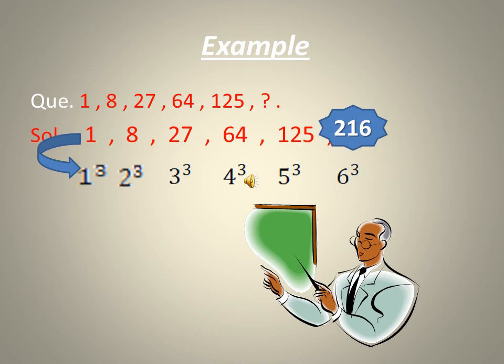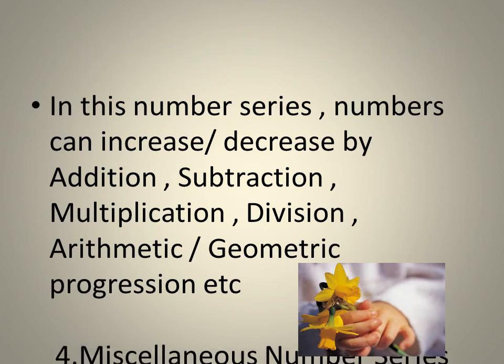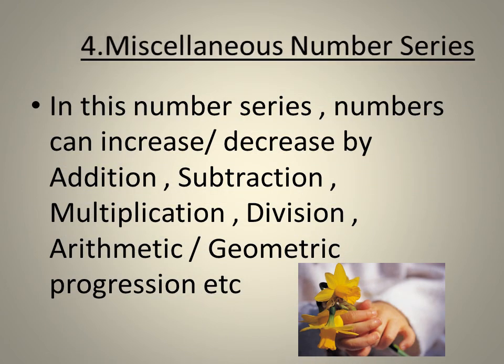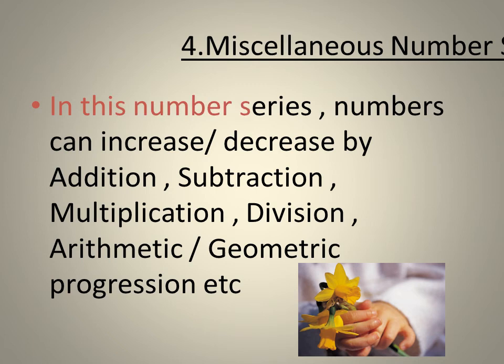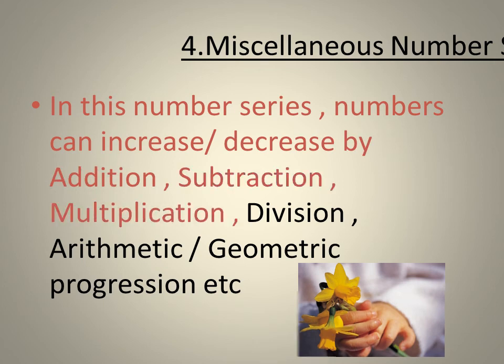Now fourth is miscellaneous number series. In this number series, numbers can increase or decrease by addition, subtraction, multiplication, division, arithmetic or geometric progression, etc. Arithmetic here means we can use BODMAS.